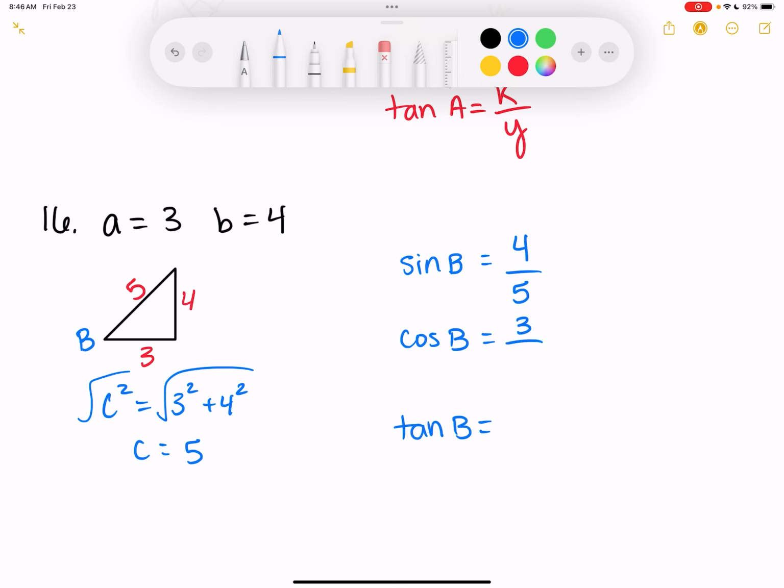Somebody else give me tangent. 4 over 3. Somebody else give me cosecant. 5 over 4. Secant. 5 over 3. Cotangent.